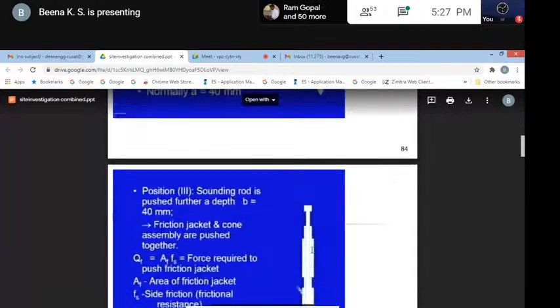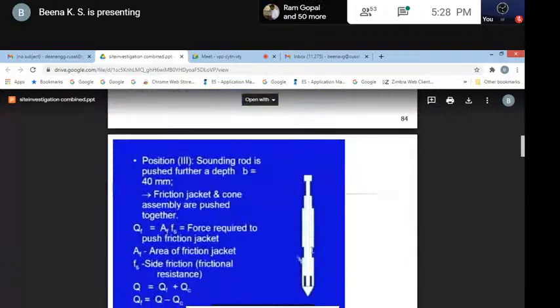Then the sounding rod is pushed further, for about 40 millimeter, and the friction jacket and cone assembly are pushed together. So QF is equal to Fs into AF, the force required to push the friction jacket, where AF is the area of the friction jacket and Fs is the side friction.